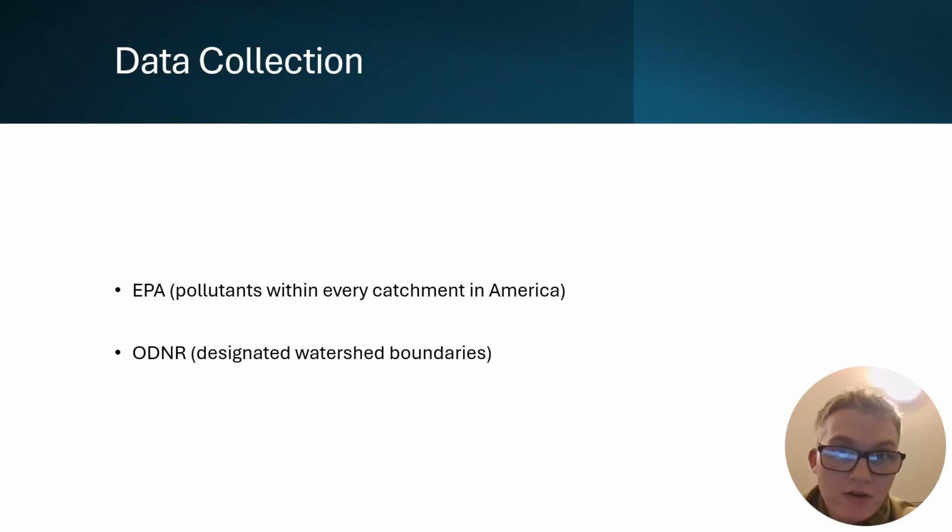So if you're not familiar, there's large watersheds, and then they're also defined within basins, which are further defined within catchments. So I was specifically looking at the Lake Erie, Western Lake Erie Basin 1, which is considered the Sandusky River watershed. And I was able to find this using the ODNR website and data.